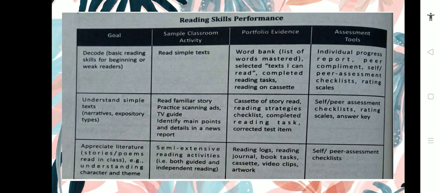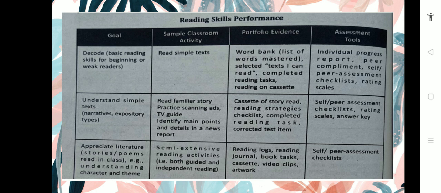I have here the example of assessing reading skills performance, which shows the alignment of teaching and learning goals, activities, and assessment tasks, which includes portfolio evidence. The first goal is basic reading skills for beginning or weak readers.